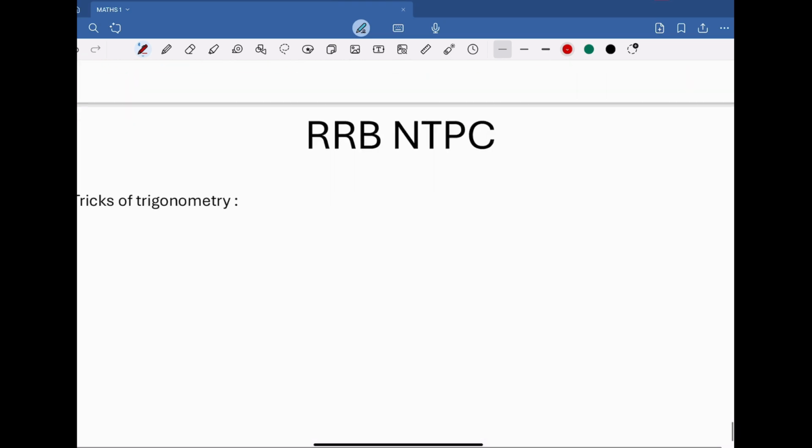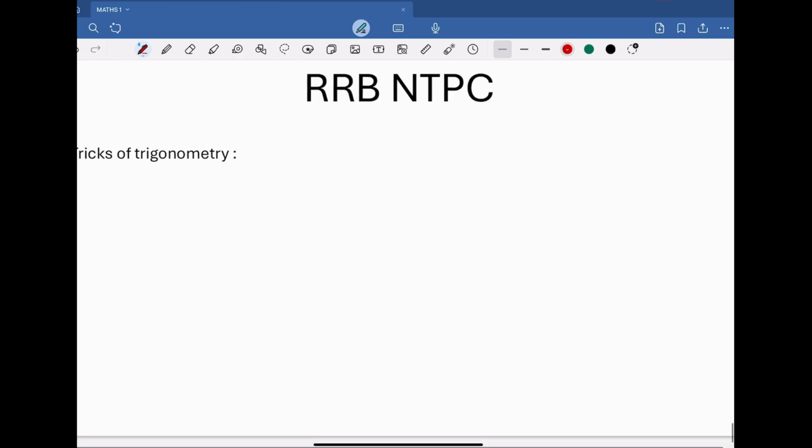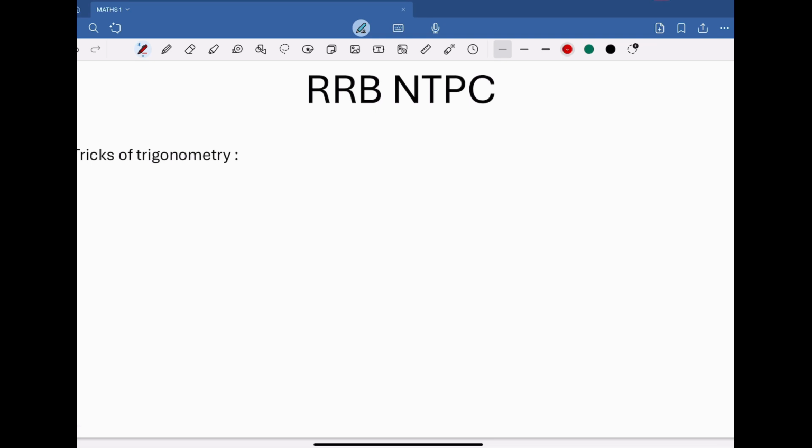Now I will give you some homework questions. One question is, find all trigonometric identity values for theta as below.